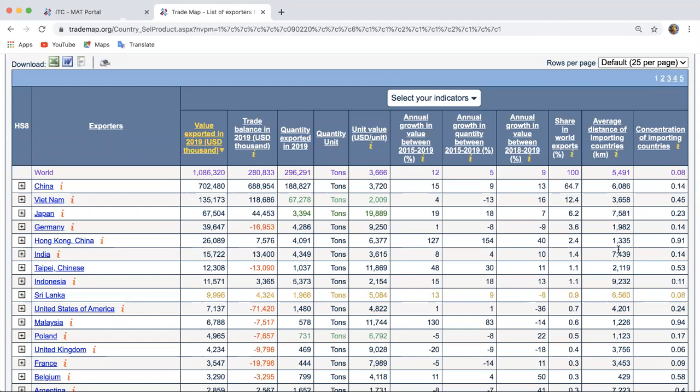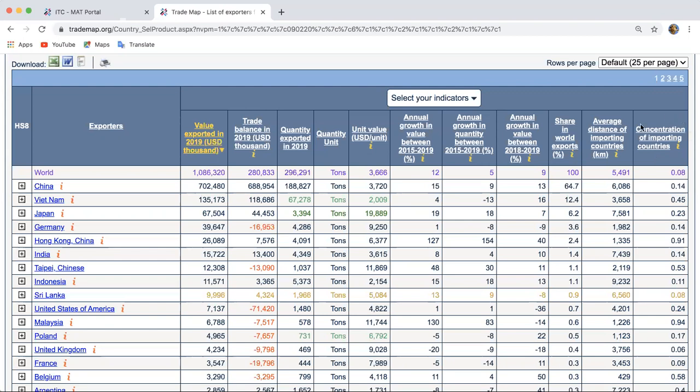I think it's more interesting, this table, actually, when we're looking at the importer's view. So you can actually see if an importer is looking for a supplier, how far are my suppliers on average, and how far should I go for my product.